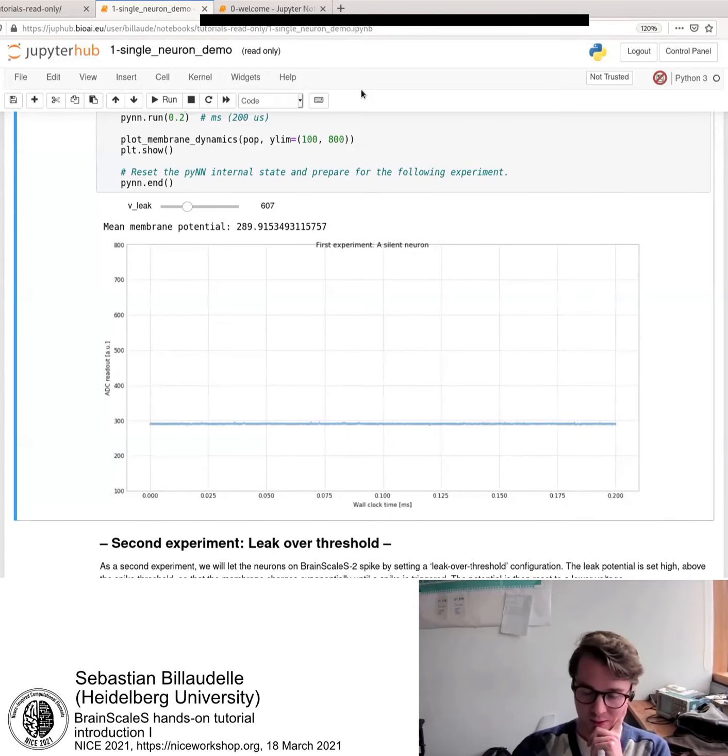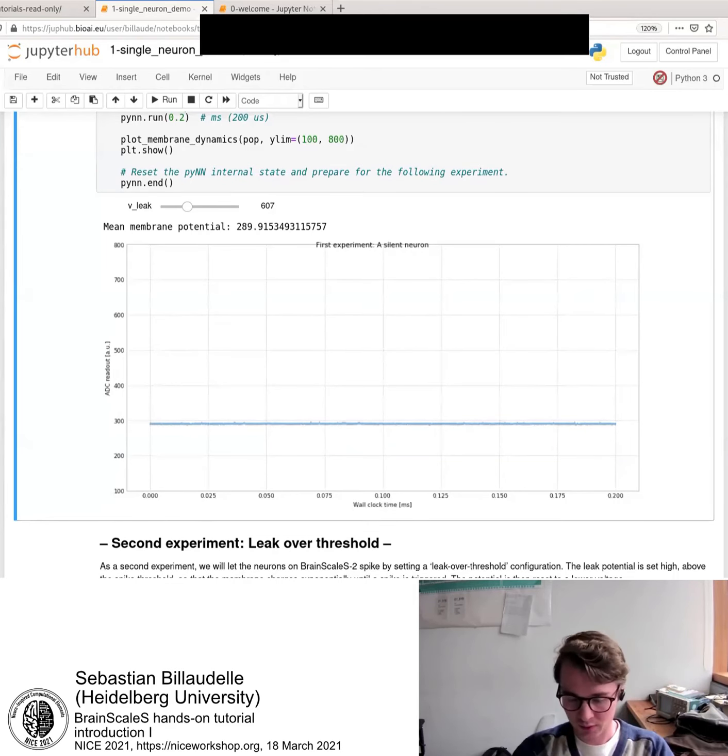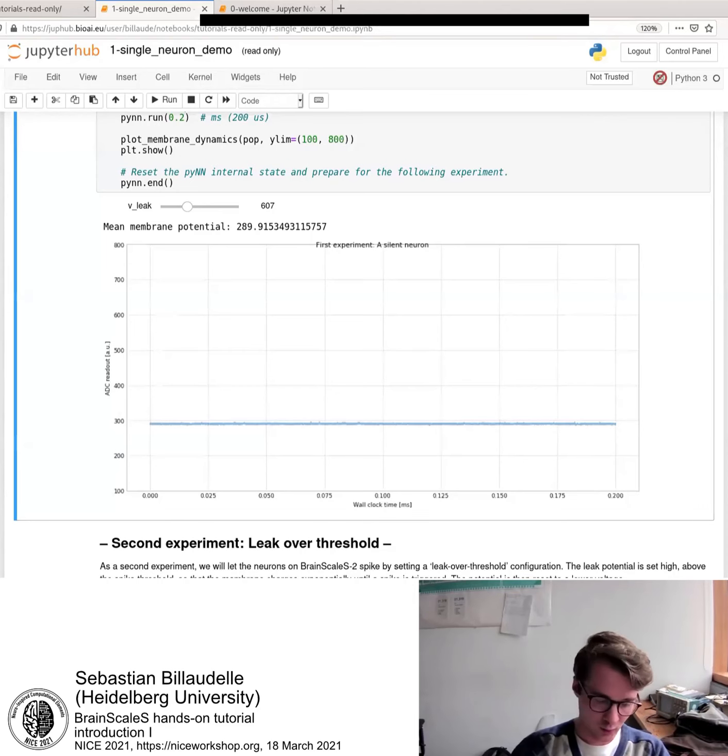If you have a look at the leaky integrate-and-fire equation, you see that the current that flows onto the membrane is proportional to the leak conductance, GL, and the difference of the current membrane potential minus the leak potential, right? So it always tries to converge towards the leak potential if the membrane is not disturbed.